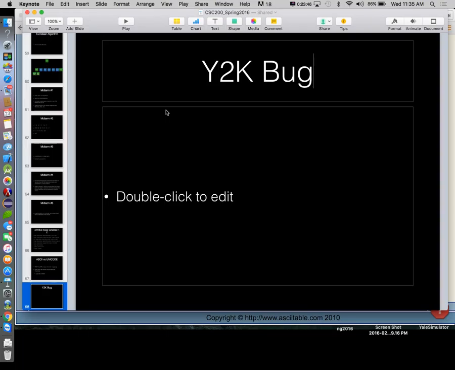what is the Y2K bug? There's probably something that most of us have at least heard of that phrase before, right? Just like most technological buzzwords, we've heard of things, but sometimes we don't know what they mean. So what would you say it is? People were afraid that computer systems would have major malfunctions when the year 2000 came around.